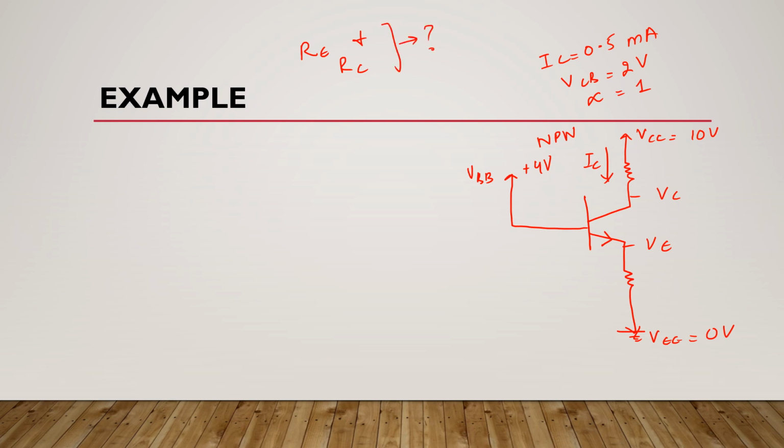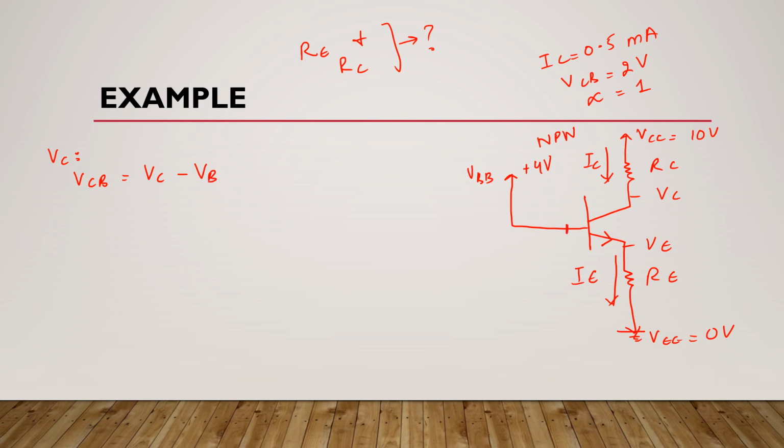It means these two terms are unknown here, and this is the direction of IE. Now first we will find VC. We know that VCB is equal to VC minus VB.